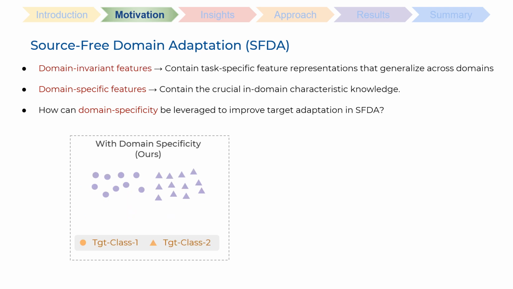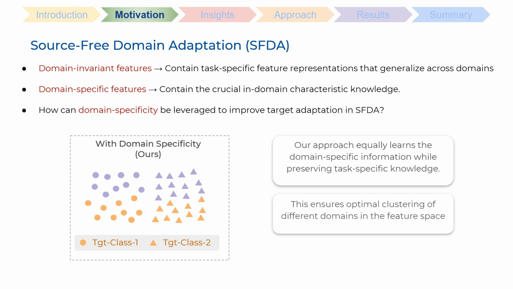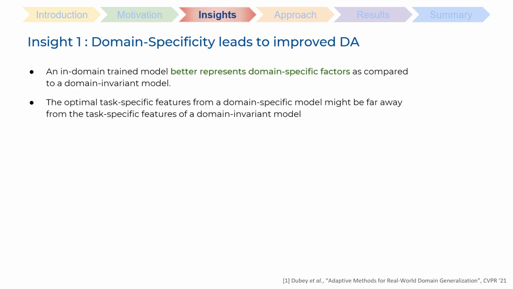In our approach, we focus on equally learning both domain-specific and task-specific factors. This not only yields better performance, but also ensures that different domains are well clustered in the feature space. Now, we first formulate our core insights. Insight 1 states that domain specificity leads to improved DA.